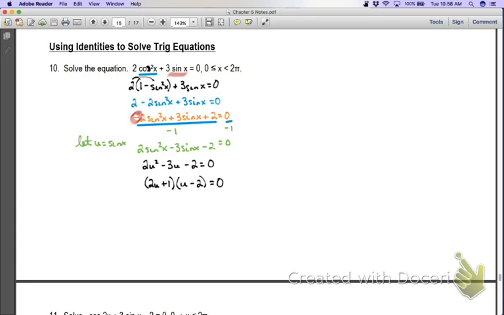So then if I have 2u plus 1 equal to 0, and u minus 2 equal to 0, then u is equal to 2. 2u is equal to negative 1, u is equal to negative 1/2, and then just change everything back to sine of x equals negative 1/2, and sine of x is equal to 2.